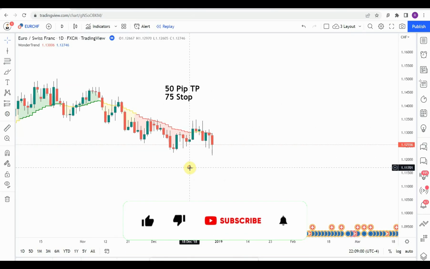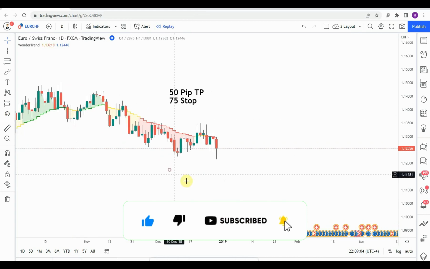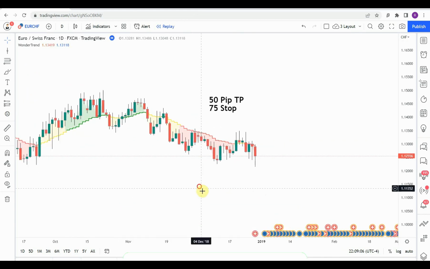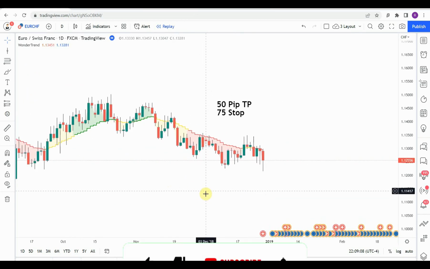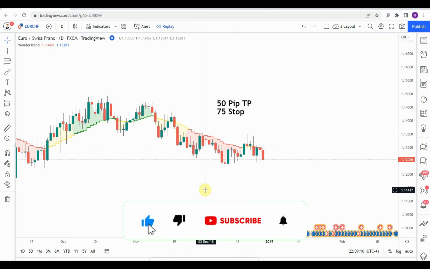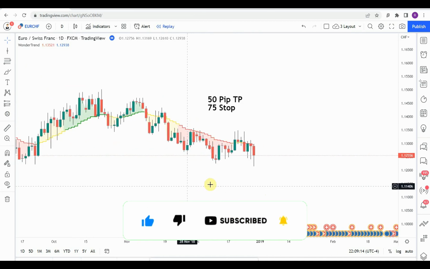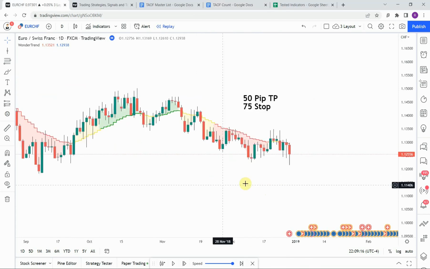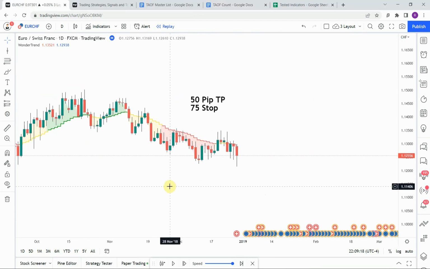Okay, so today's indicator is the Wonder Trend Indicator, and you can see it here on the bottom of the screen. The creator of the indicator gave a pretty decent write-up on what exactly the Wonder Trend Indicator is and how they came about creating it.